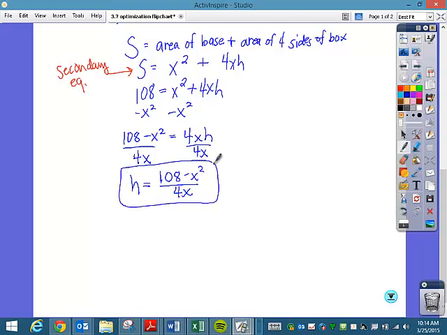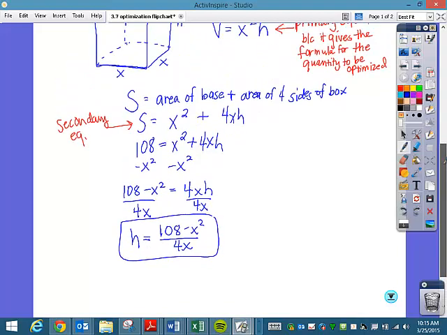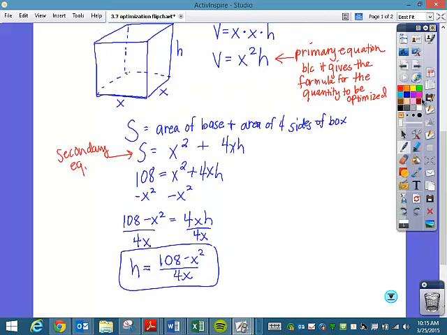So what I can do now is plug all of this stuff into this equation for h. I'm going to plug 108 minus x squared over 4x into my primary equation, into my volume equation, substituting all of that for h.